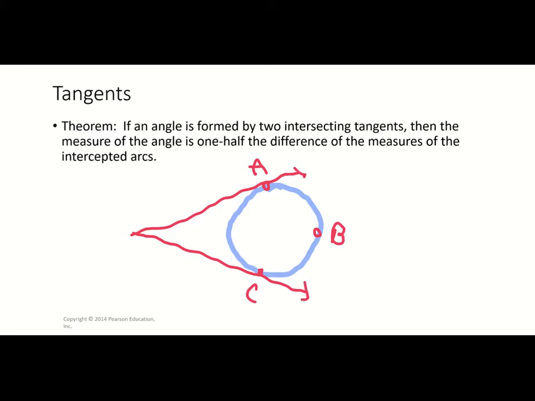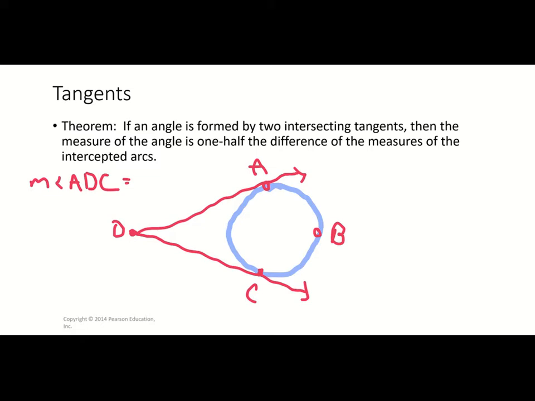Okay. Now, the measure of the angle formed. So the measure of, we'll call this the vertex of the angle D. The measure of angle ADC is going to be equal to 1/2 the difference of the measures of the intercepted arcs.